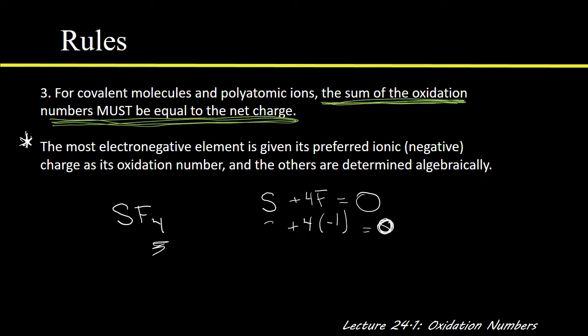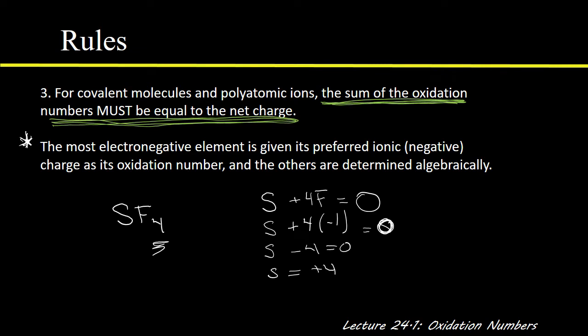And sulfur will be our unknown. We don't know what the charge is on sulfur. Okay. But now we have an equation with just one variable. So we can multiply this through: S - 4 = 0. So then we get S = +4. Okay.